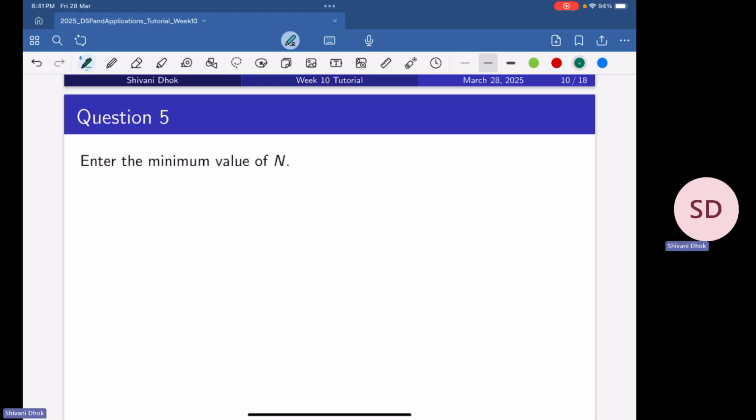Since I had copy pasted this question from last year's assignment, I have just added the way it was given on the website. Okay, so this is the question. Now we need to find the minimum value of n.